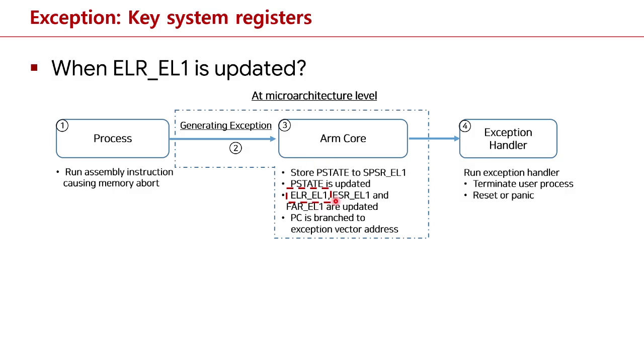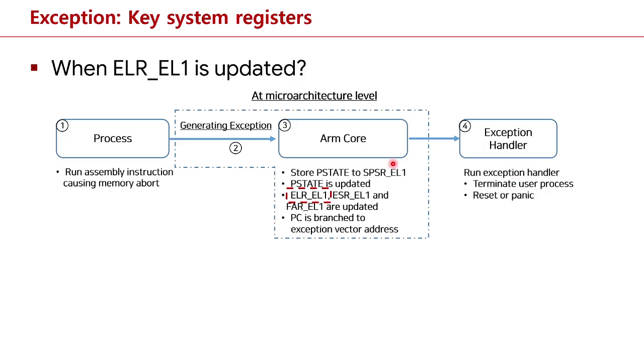Once this job is done, the program counter moves to the exception vector address. Right after the program counter moves to the exception vector address, the corresponding exception handler will be called. But at this moment, the software can read the value of the ELR_EL1 register to determine the address causing the exception.